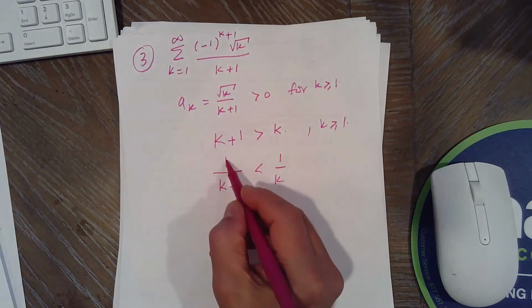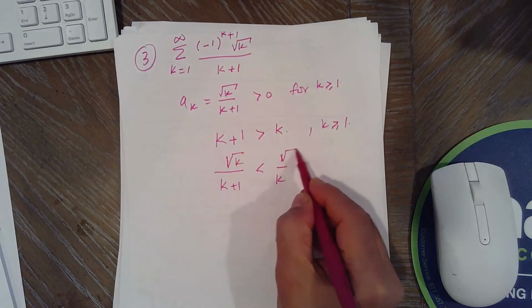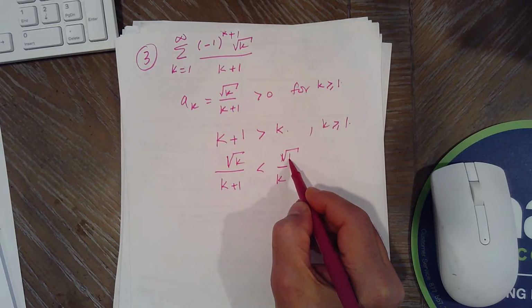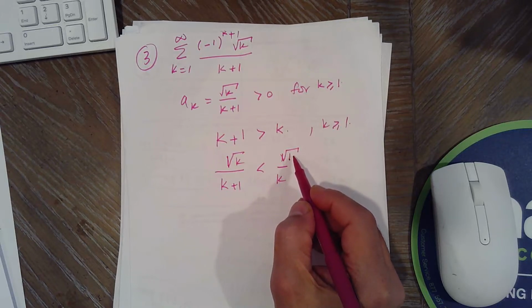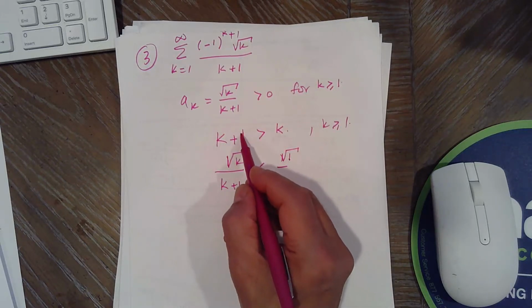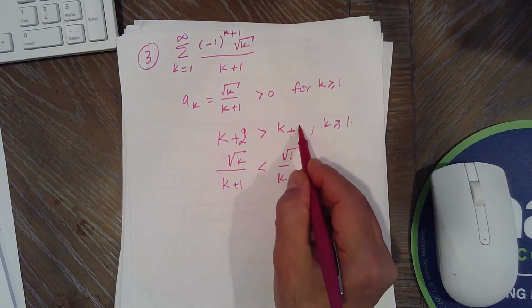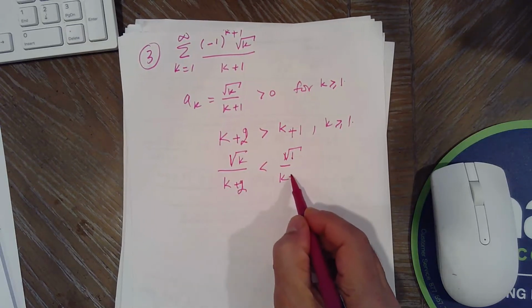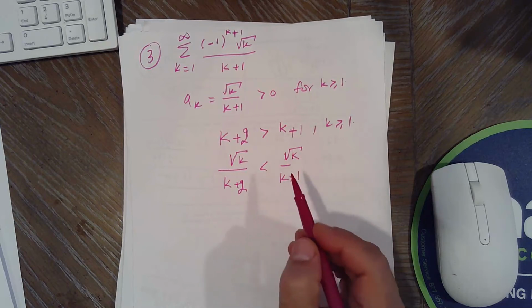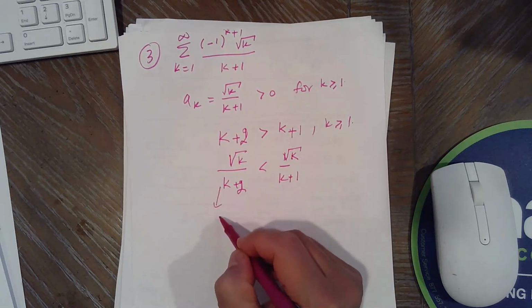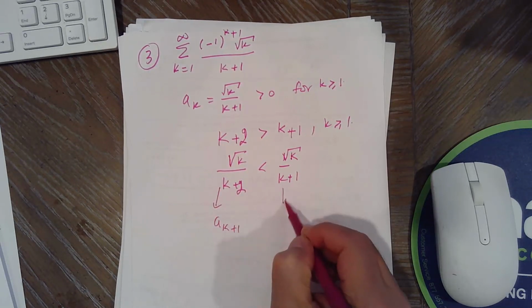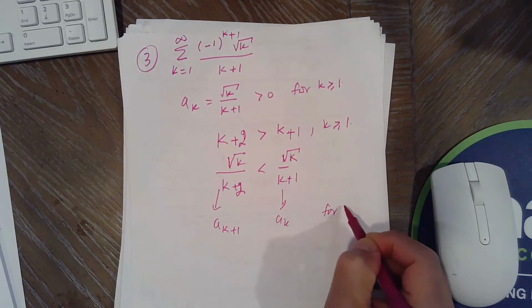So if you multiply by root k, which is positive, k plus 2 is greater than k plus 1. This is a k plus 1, and this is a k, for k greater or equal to 1.